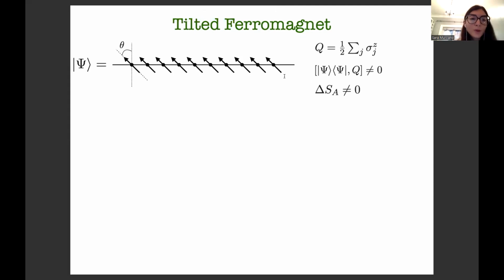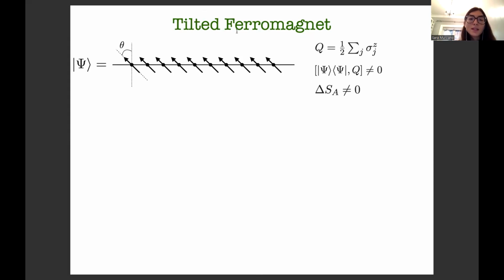While if we tilt the spins by the same angle theta, the density matrix built from this tilted ferromagnetic state now breaks the U(1) symmetry, so it does not preserve the total charge Q, and so delta S is different from 0.